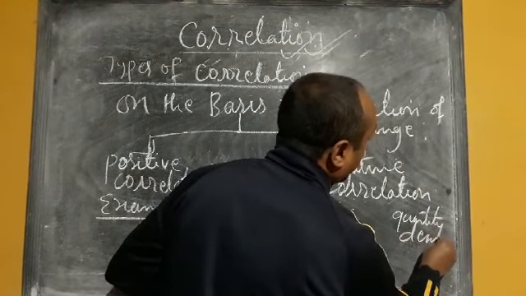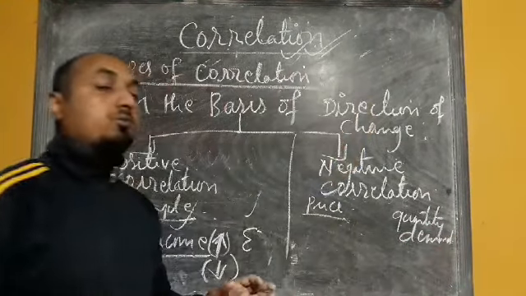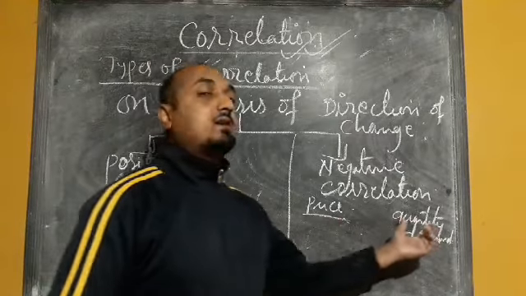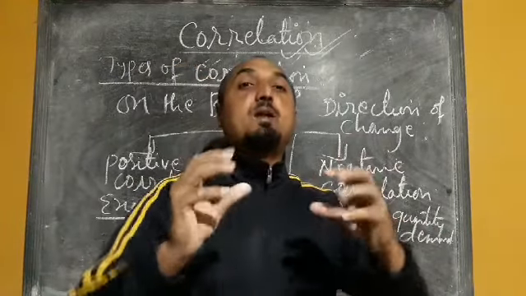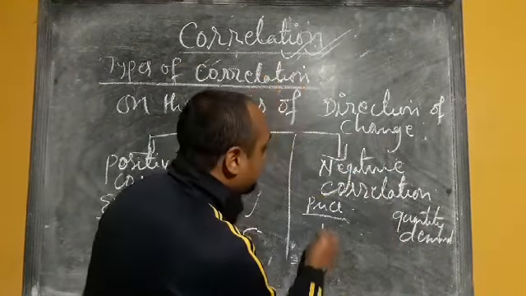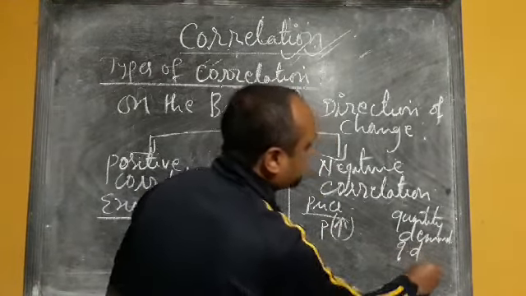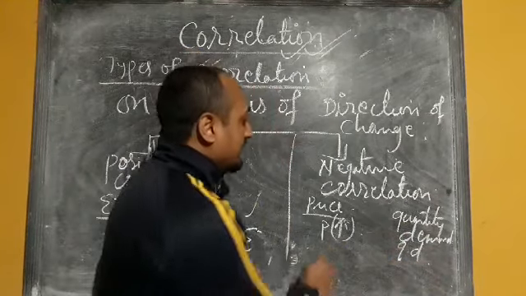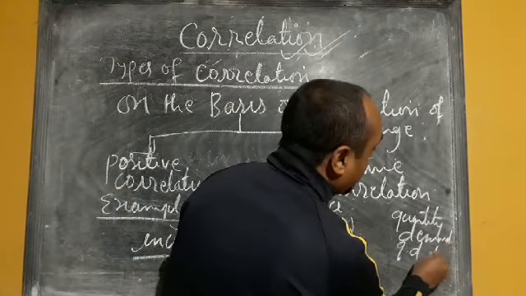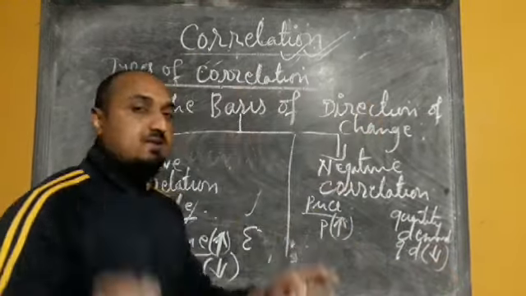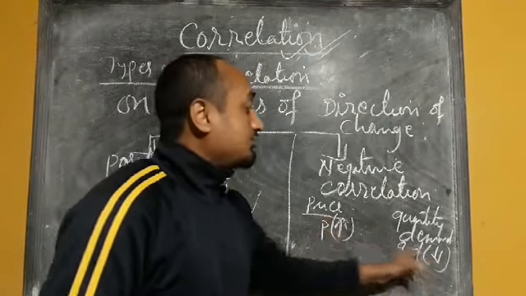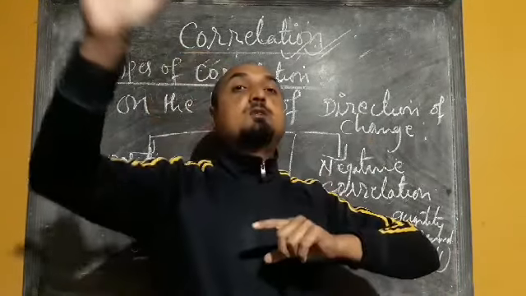Price and quantity demanded have a negative relationship. If price increases, quantity demanded, let's represent it by QD, will decrease. So these two variables are moving in the opposite direction.